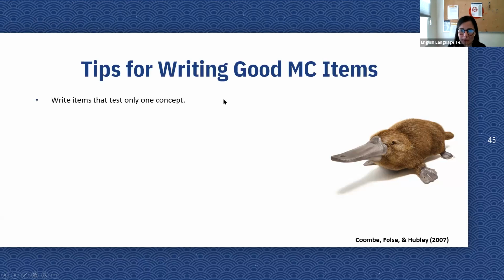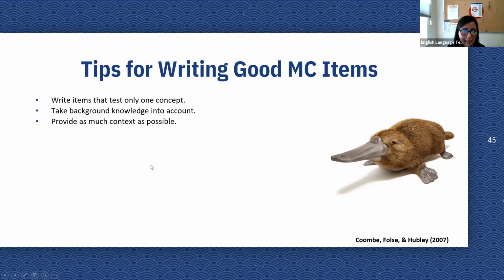So, tips for writing good multiple choice items. Write items that test only one concept. Take background knowledge into account. When you're writing, how much context should you give? And also, if a student has the background knowledge and a student doesn't, will they perform differently? Will they perform better or worse?